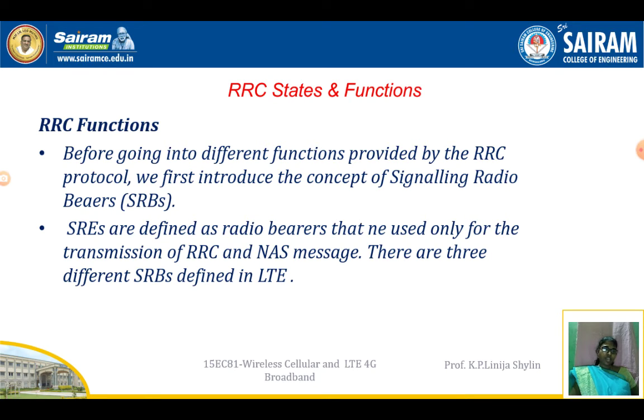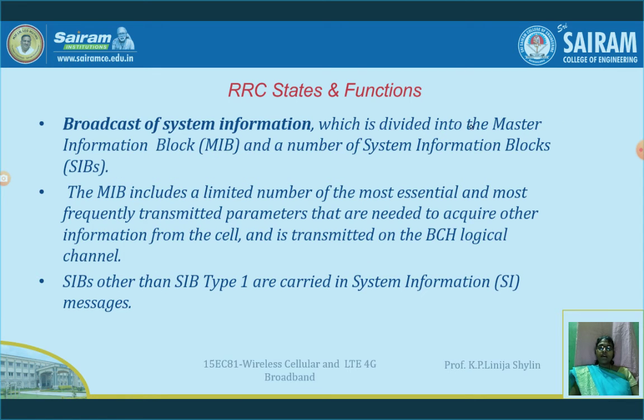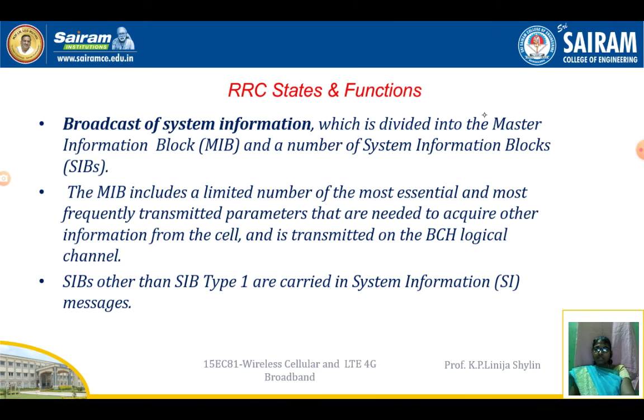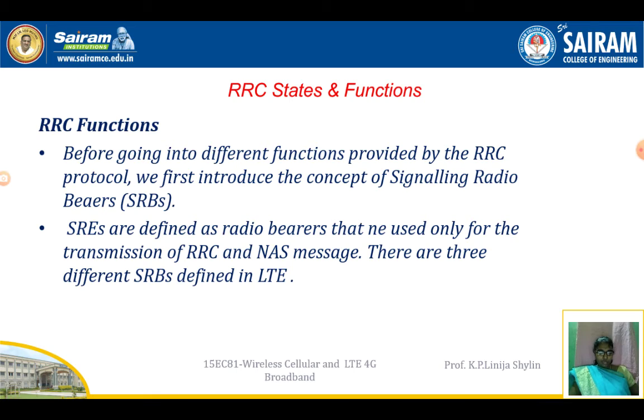The radio bearer used only for the transmission of RRC and NAS messages is called a signaling radio bearer. There are three different types of signaling radio bearers, identified as SRB0, SRB1 and SRB2.